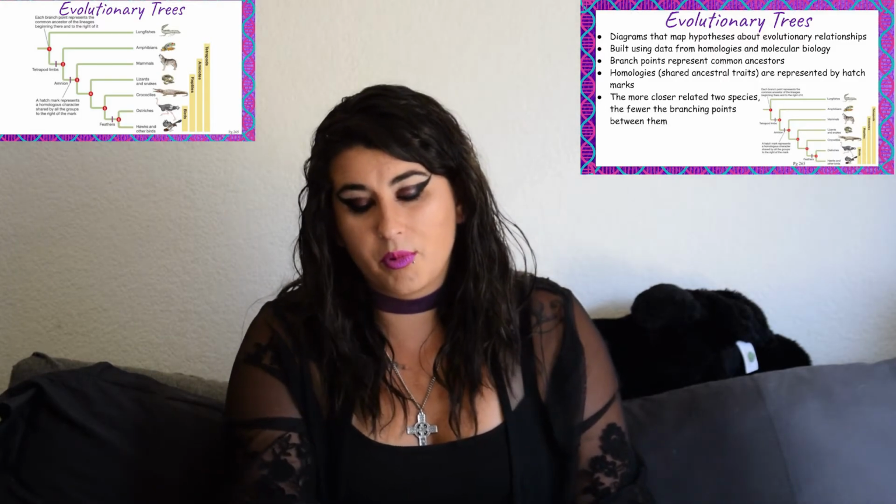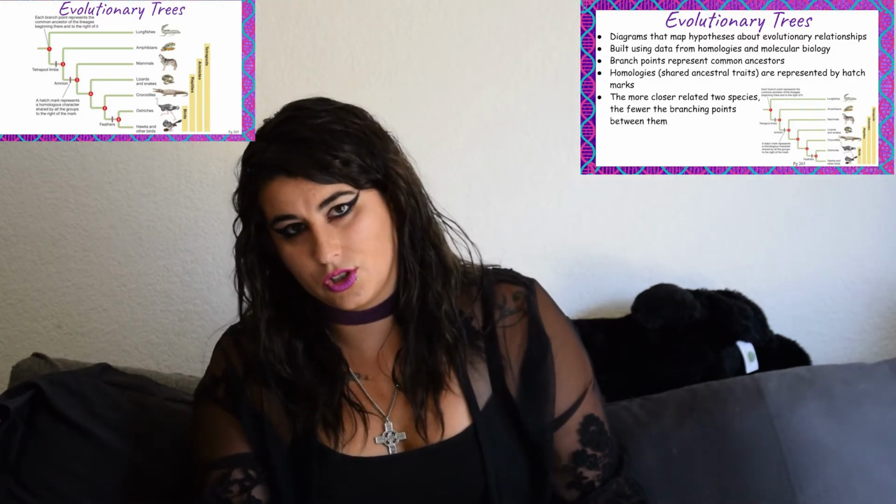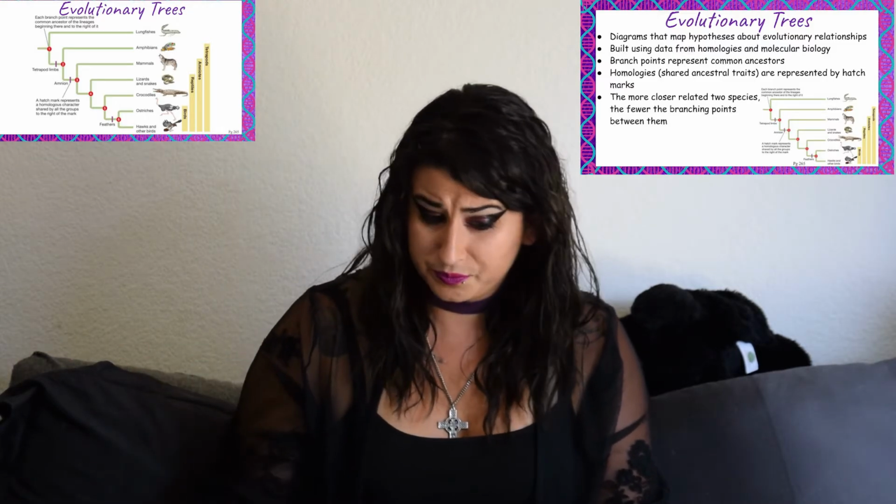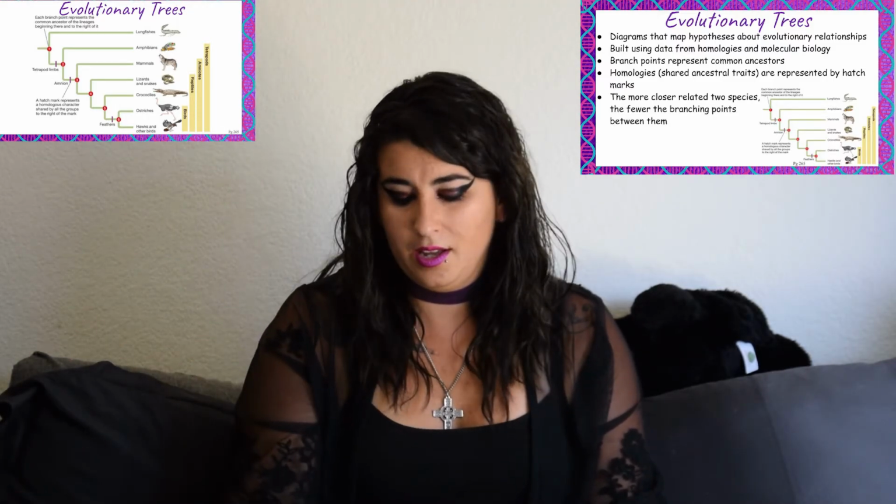And there's only one branch point between the ostriches and the hawks and other birds. Again, I will get into that in more detail in the future, but this is a very quick and dirty idea of what an evolutionary tree is.